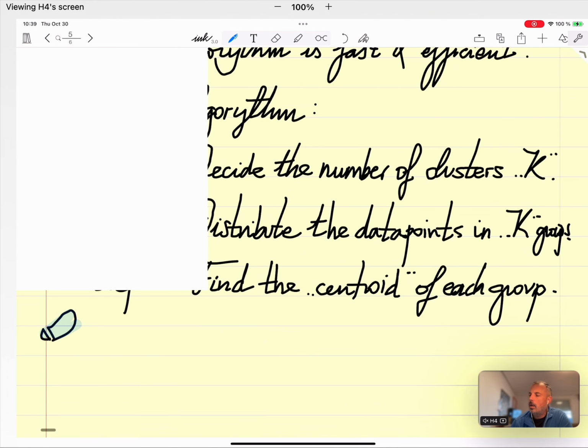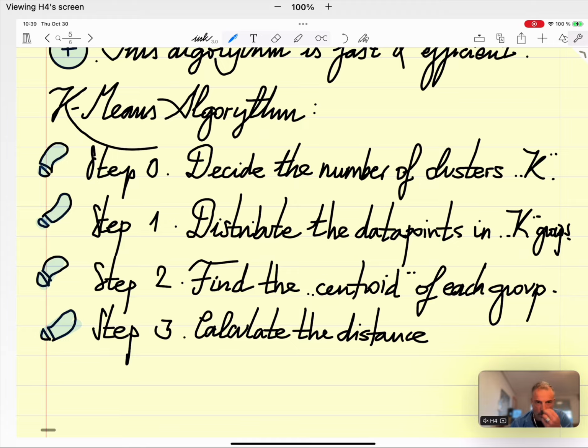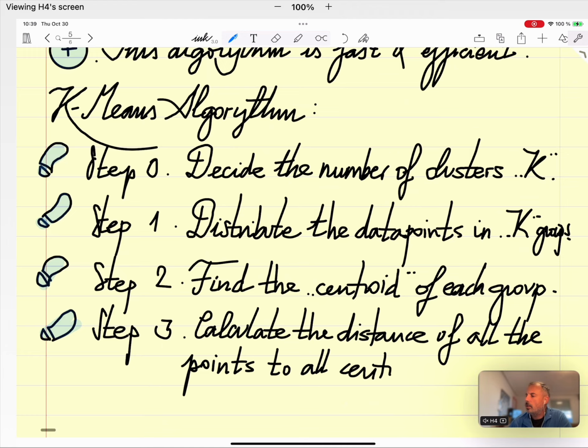So step number 3. Calculate the distance of all the points to all centroids. Okay?